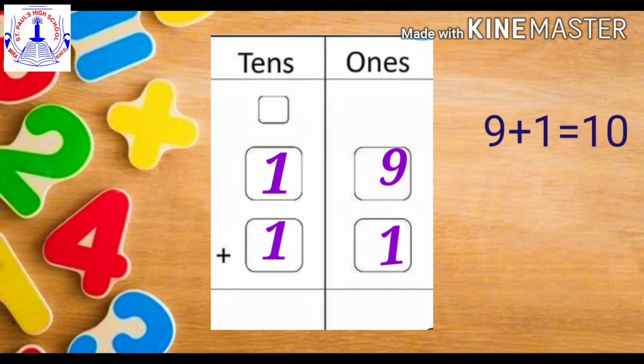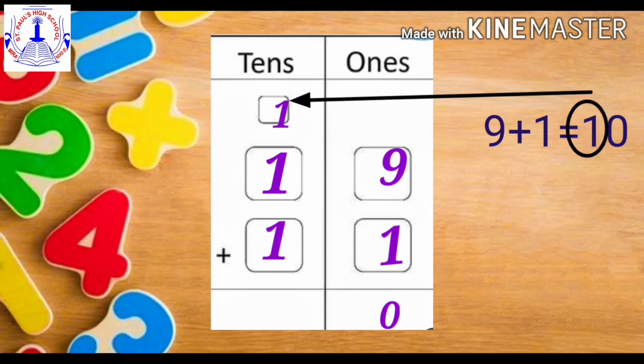But 10 cannot be written into the units place alone. Yes or no? As 10 consists of 1 in the tens place and 0 in the units place. So 0 will come in the ones place, that is units place, and 1 will go in the tens place. So we have carried the number 1 to the tens place.